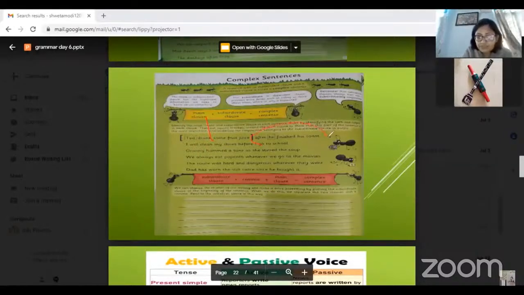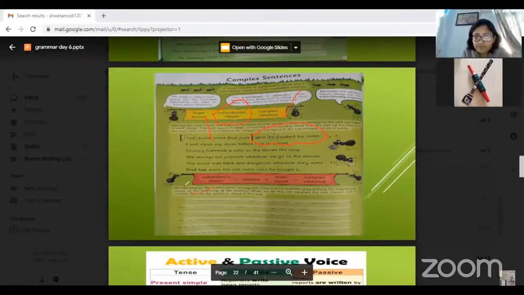After he finished his toast doesn't make complete sense. So this is depending on the main clause. So after he finished his toast is the subordinate clause which depends on the main clause. Such a sentence is called a complex sentence. Okay.